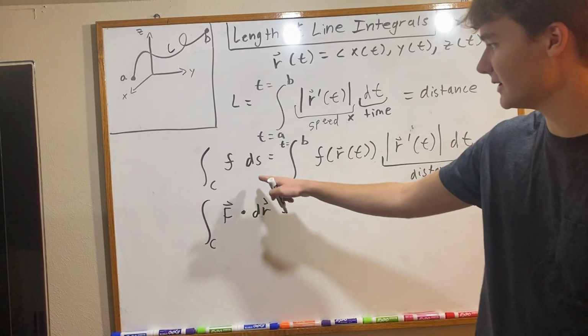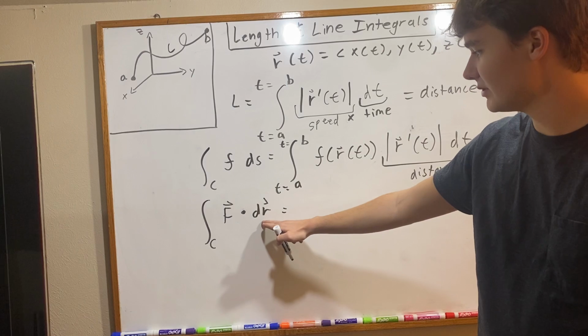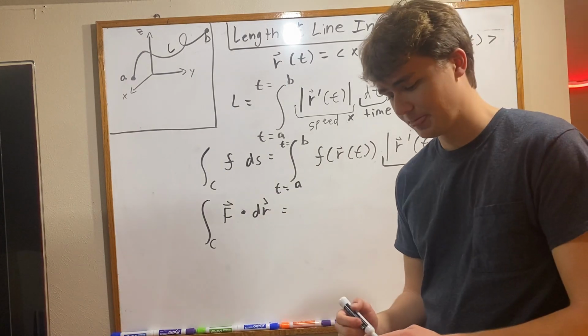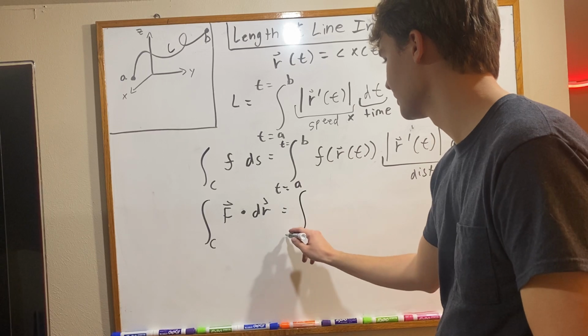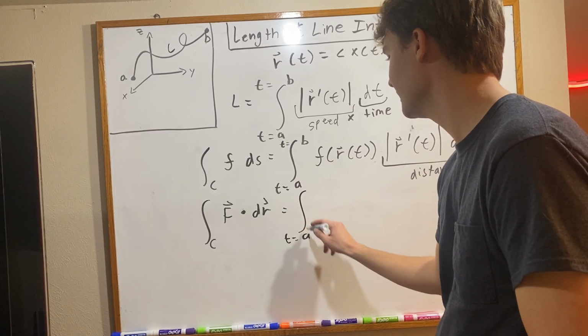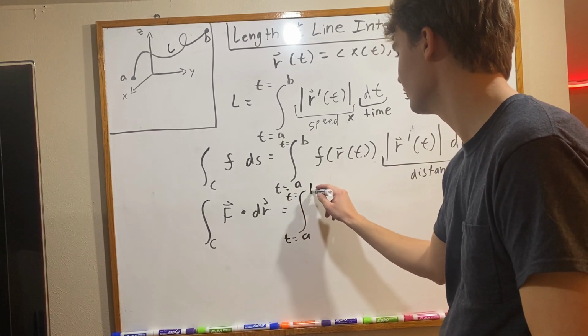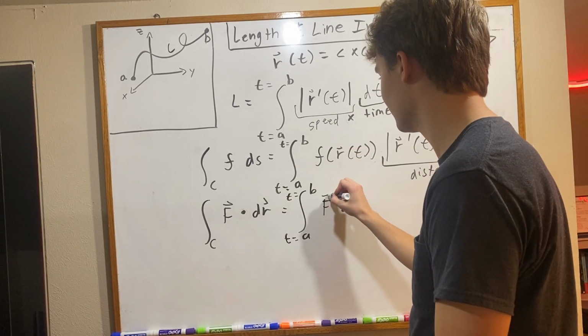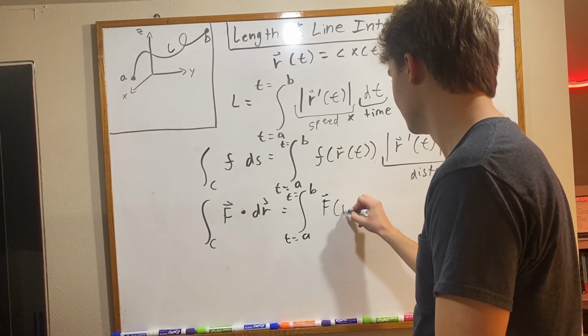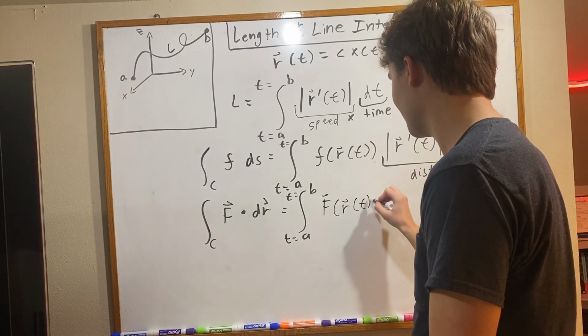As we said, the earlier one is distance, and this right here is actually displacement. So we take the integral from t equals a to t equals b. I'm just going to replace the f with our vector field, so the vector field at that location.